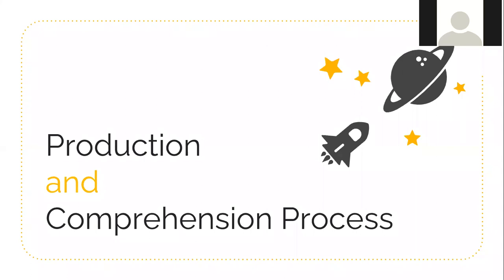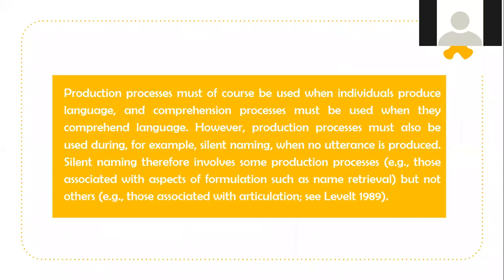The next speaker is Nur Syahrini Alamsyah. Time is yours. The next material is production and comprehension process. Production process must, of course, be used when individuals produce language, and comprehension process must be used when they comprehend language.